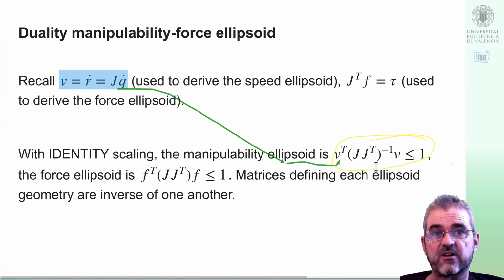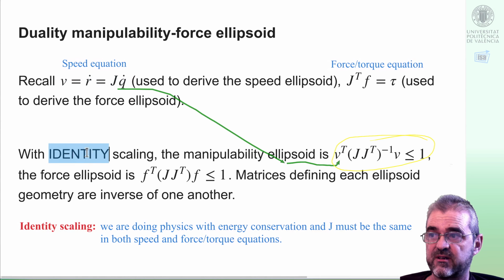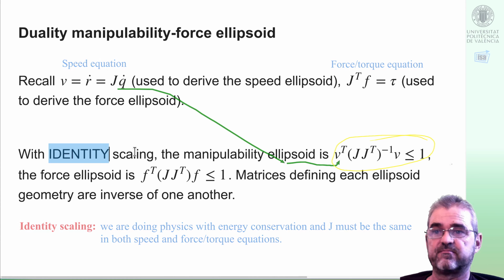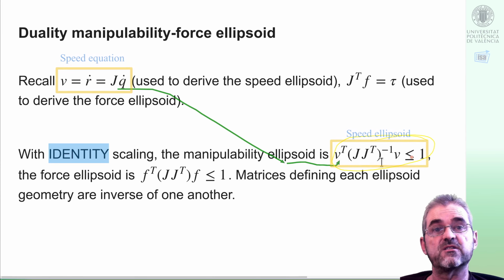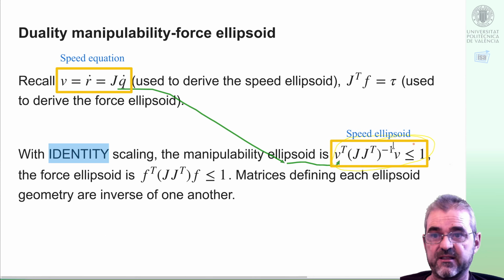We needed to incorporate some scalings, but in here we will assume identity scalings because energy conservation means that force times speed is equal to torque times angular speed in physical units, not with scaling. So the discussion in this video requires no scaling at all, defining these ellipsoids in physical non-scaled Jacobian units. So well, this is the velocity ellipsoid, manipulability ellipsoid it's called also.